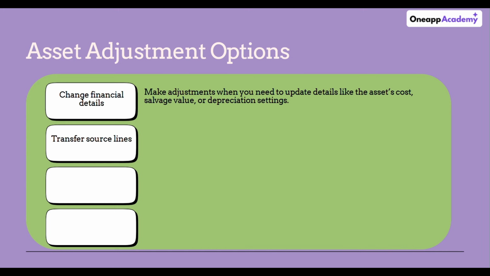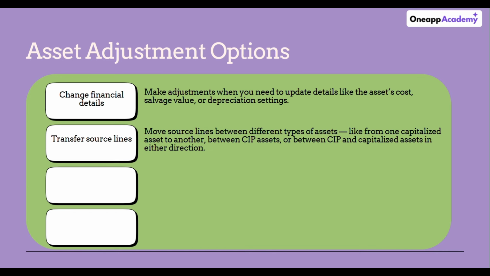Next, we can transfer source lines. So what does that mean? So what this means is we can move source lines between different types of assets. For example, if we think about payables, so within payables we have the option to capitalize expenses associated with asset items such as computers or laptops. So imagine we have an invoice in payables which is for a construction in process expense.